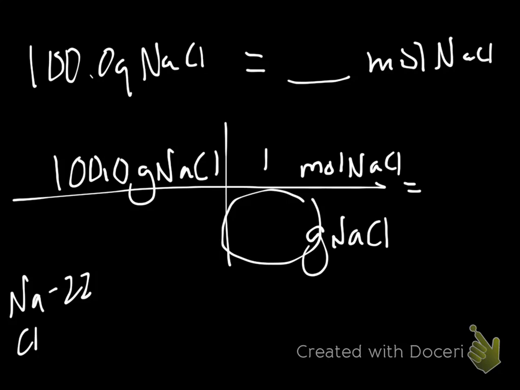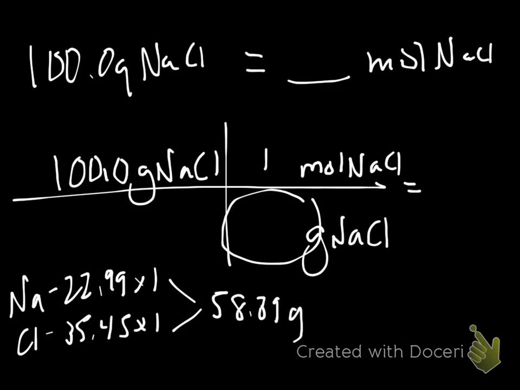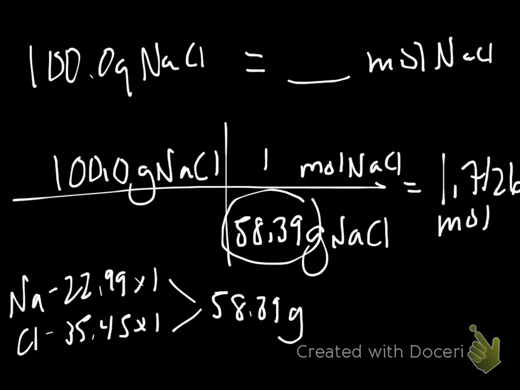22.99. And chlorine 35.45. Okay. So we get 58.39 grams of NaCl per mole. 100 divided by that. 100 grams of NaCl is 1.7126, etc. moles of NaCl.